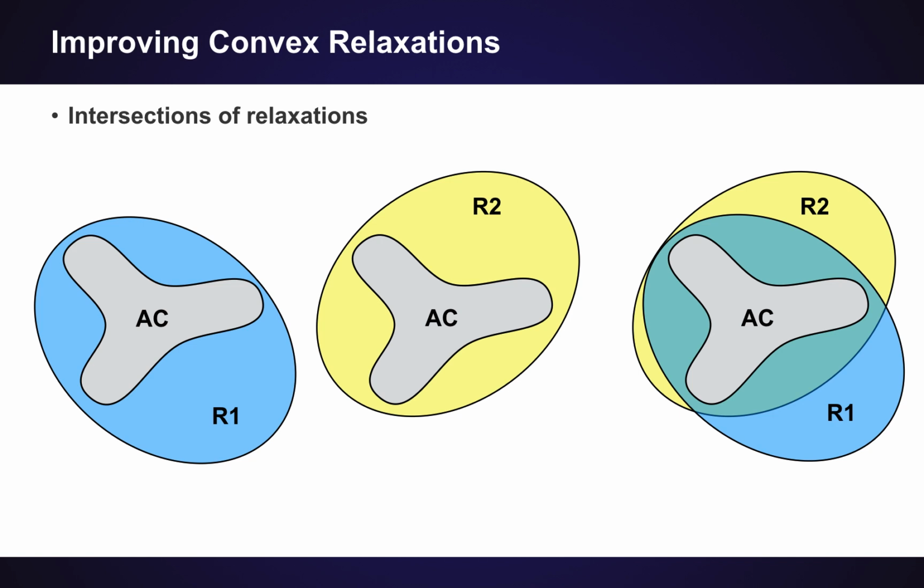Yeah, and I think it's worth noting that when we talk about improving a convex relaxation, we really want to be as close as possible, adding as little as possible to this AC feasible region in the middle there. The closer our convex relaxations approximate that region, the better relaxations we will have.